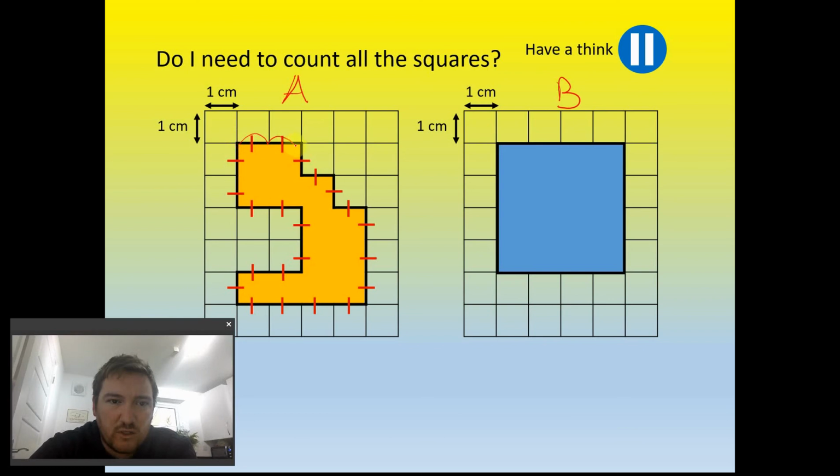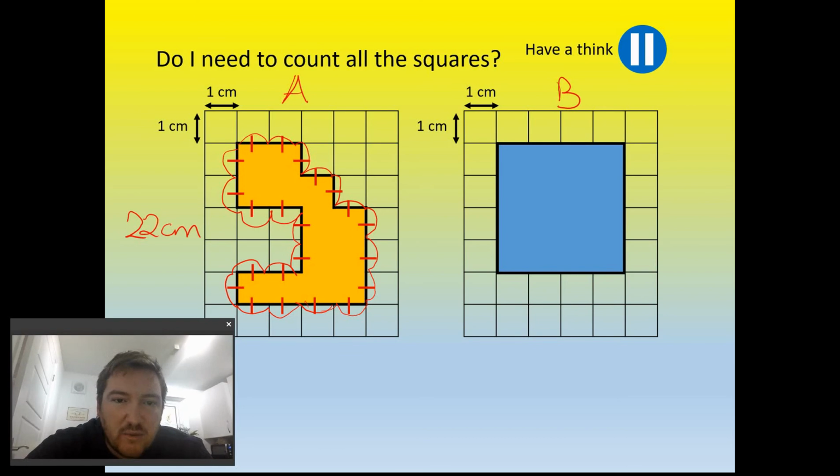So 1, 2, 3, 4, 5, 6, 7, 8, 9, 10, 11, 12, 13, 14, 15, 16, 17, 18, 19, 20, 21, 22. So we know the perimeter of this shape is 22 centimeters.